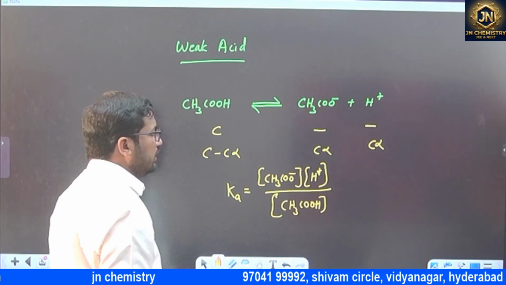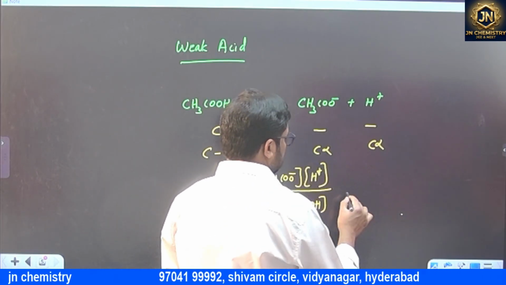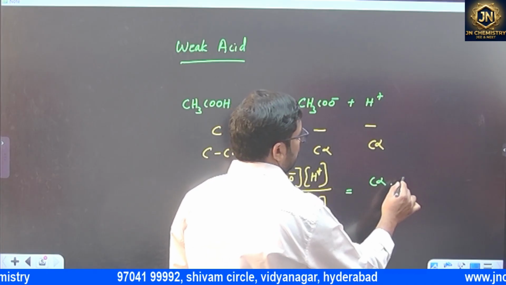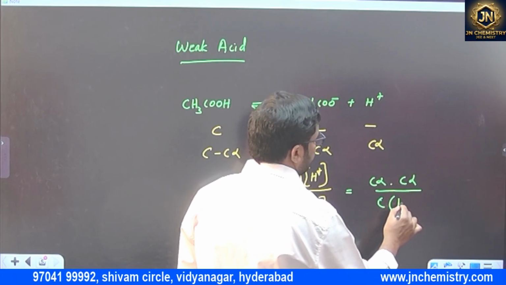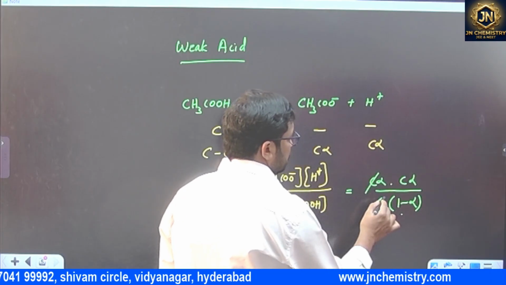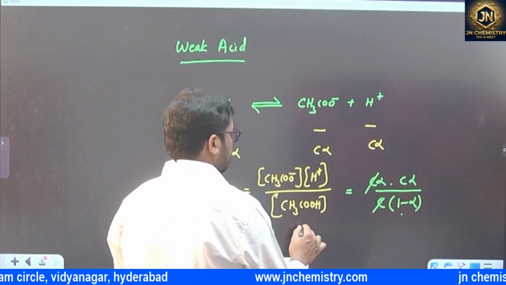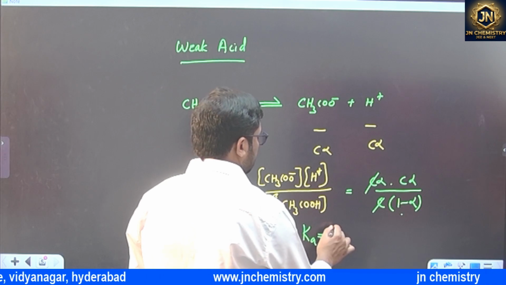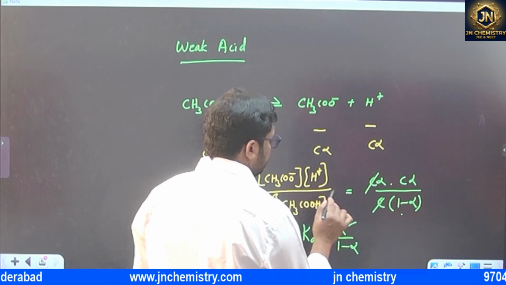Just applying the values: C alpha times C alpha by C into 1 minus alpha, C gets cancelled, right? Ka is equal to C alpha square by 1 minus alpha.